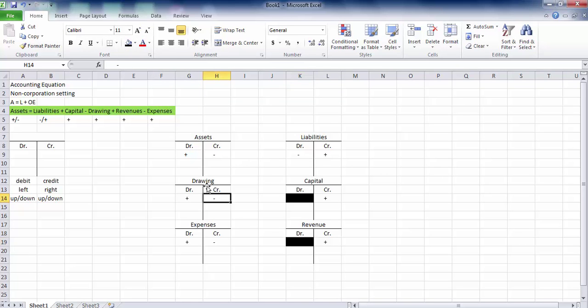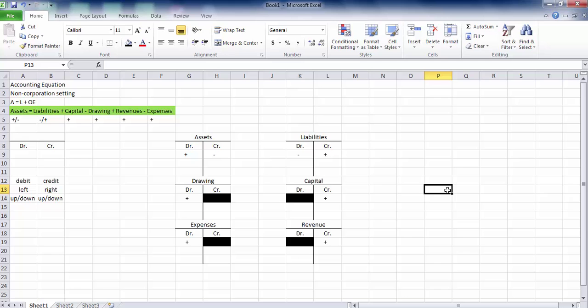So I'm going to put a little blockade here for my 4 shopping cart accounts, because if you remember, capital always goes up. Revenue always goes up. Drawing always goes up. Expenses always go up. So that's why I call these 4 the shopping cart accounts.